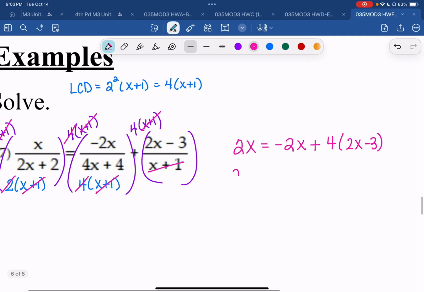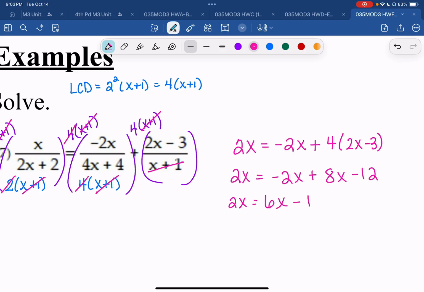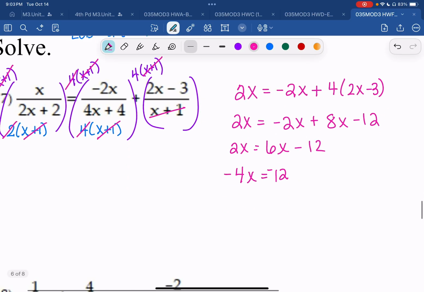Okay, so 2x, negative 2x, plus 8x minus 12. I'll combine those x's. So 6x minus 12. Subtract that 6x, so minus 4x equals negative 12. So then divide, so x equals 3.